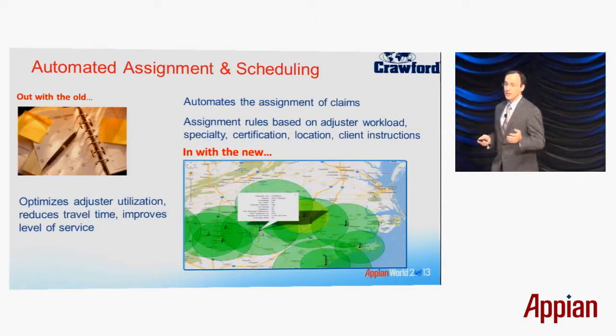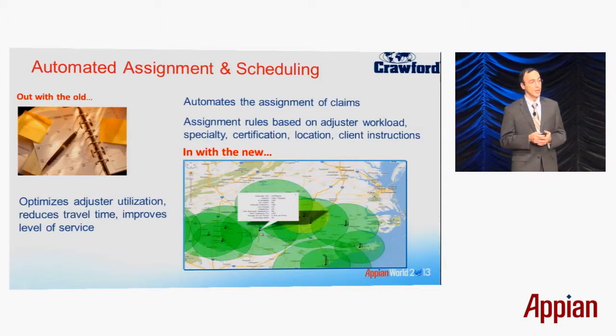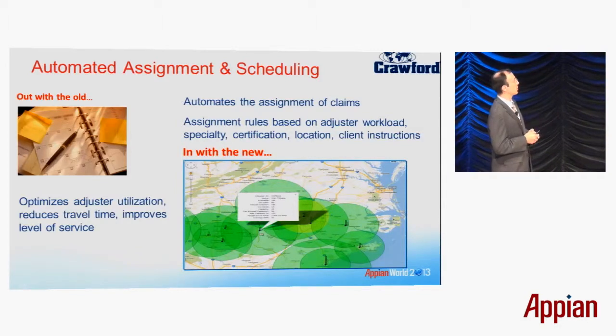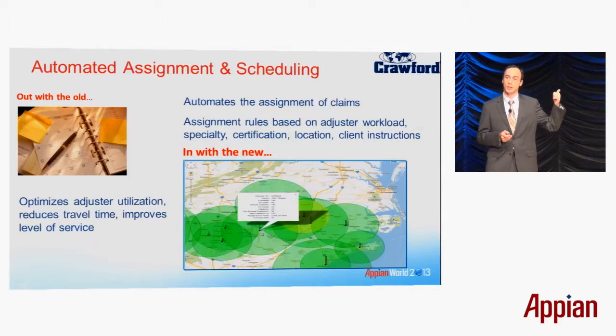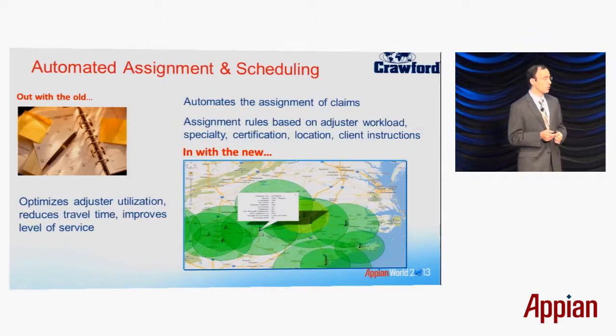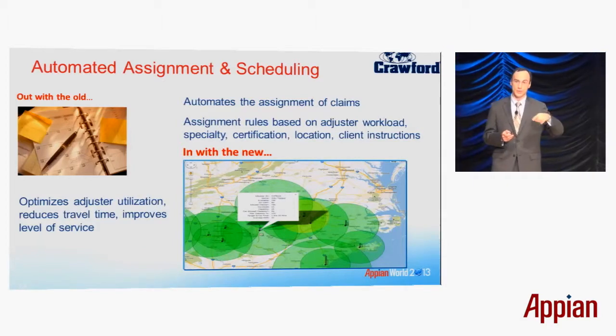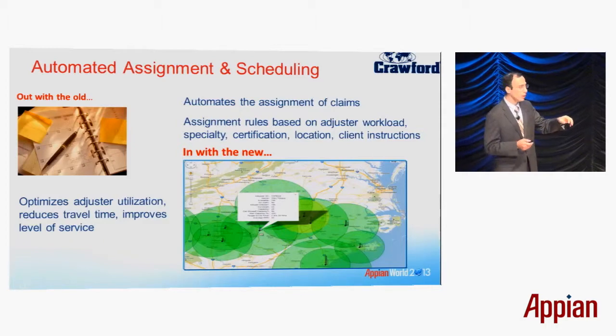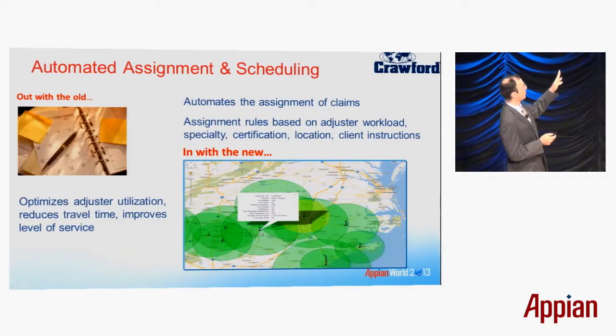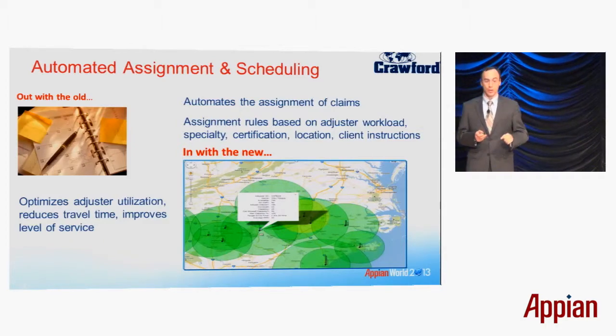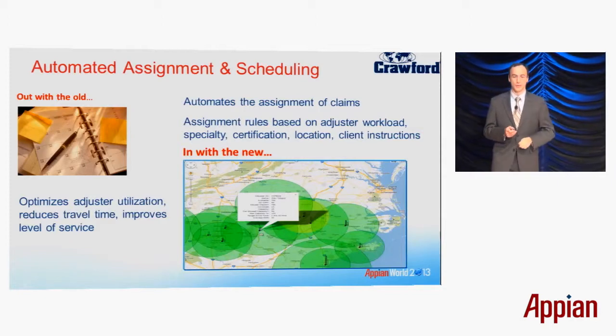So we implemented this process using Appian again. What you see in the screenshot is a Google map that we integrated with that Appian application. Each circle there is an adjuster, and the radius is their distance of travel. Basically it gives you the entire coverage of that adjuster, that group of adjusters.